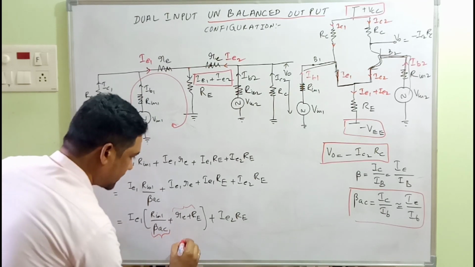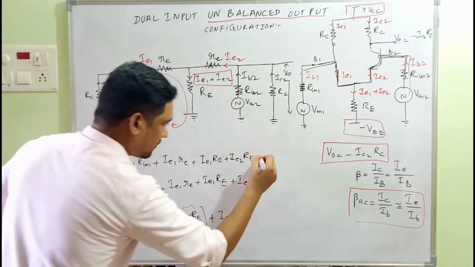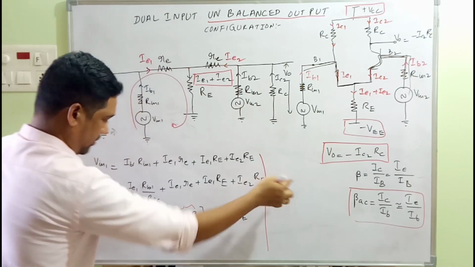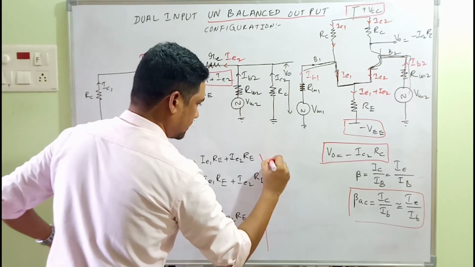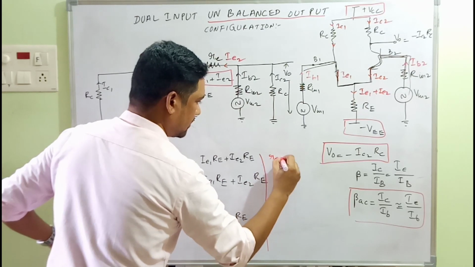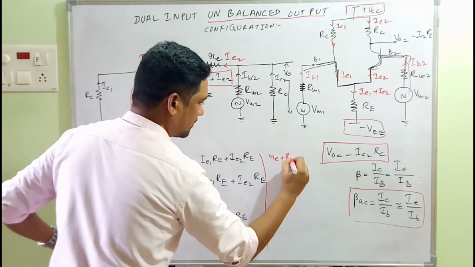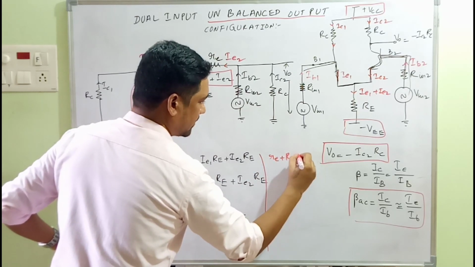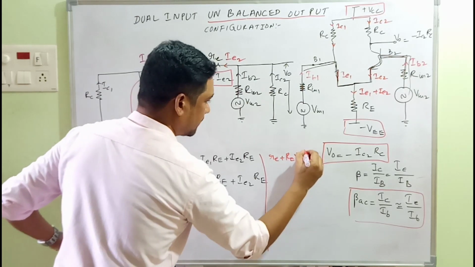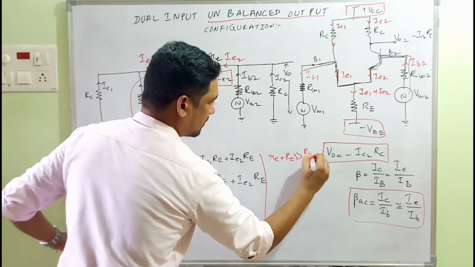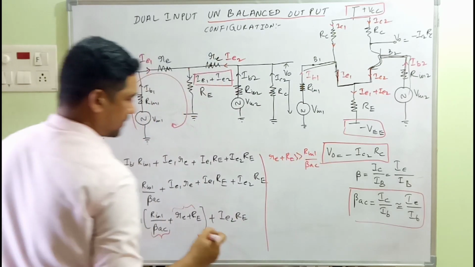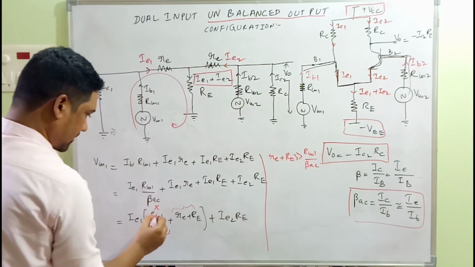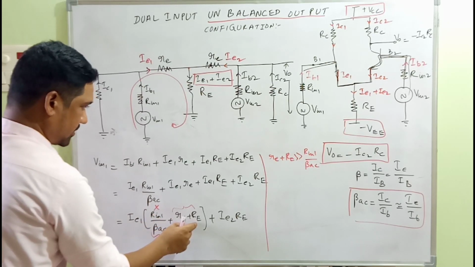The resistance combination RE plus RE will be very much larger than Rin1 by beta AC. So in that case, this can be neglected and only this can be considered.